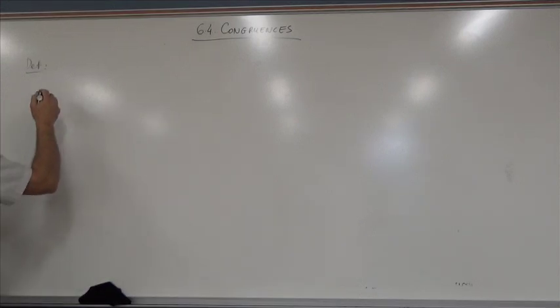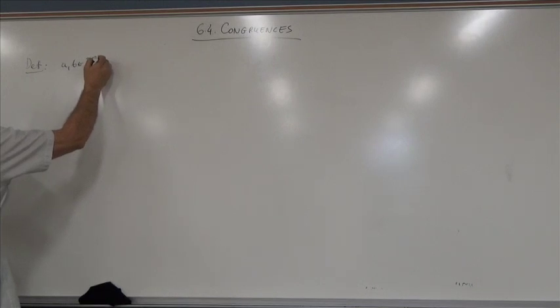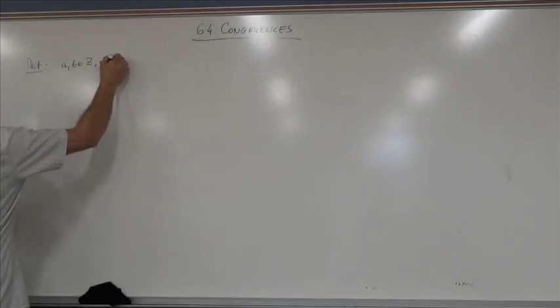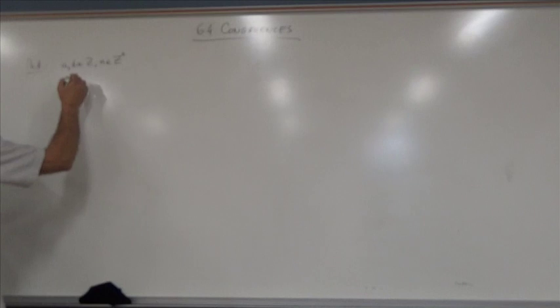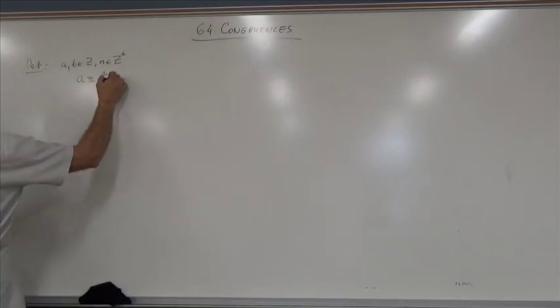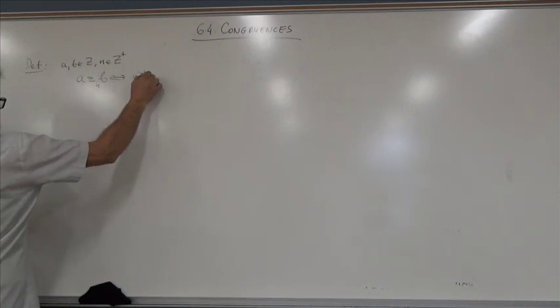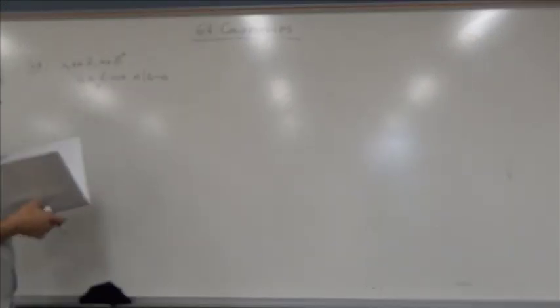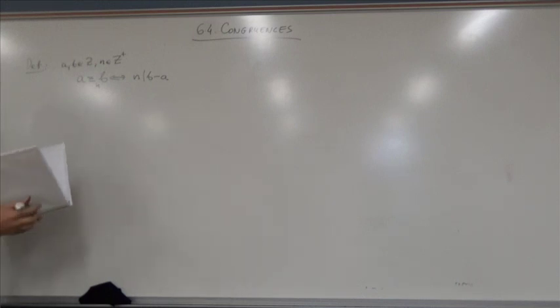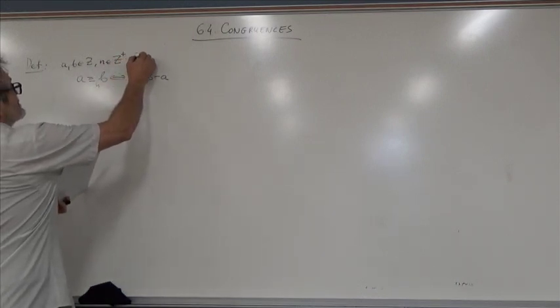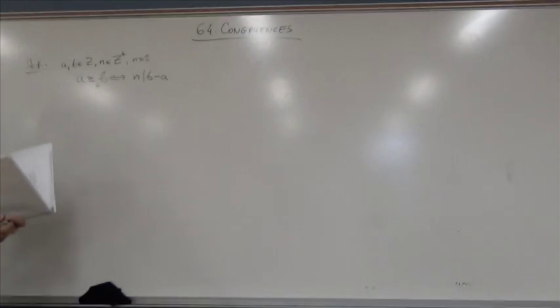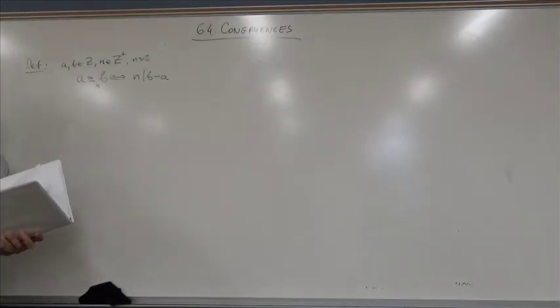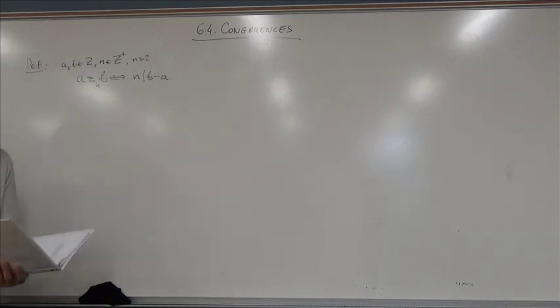Let A and B be integers, and n in Z plus, and we define A congruent to B modulo n if and only if n divides B minus A. We saw examples with 5, 6; it could be done for any number n. Actually, I should even say n is greater or equal to 2, because no one is interested in the relation modulo 1. Modulo 2 is again somewhat interesting.